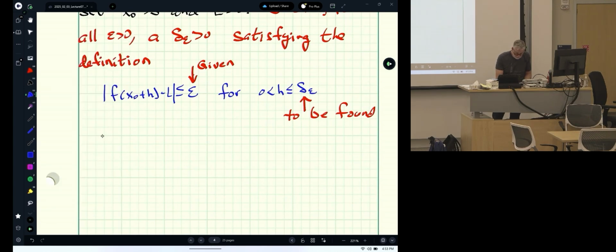So for us, this is the square root of x, which is 3 plus h, and then minus 3, minus L, we want to be less than or equal to epsilon for h positive.